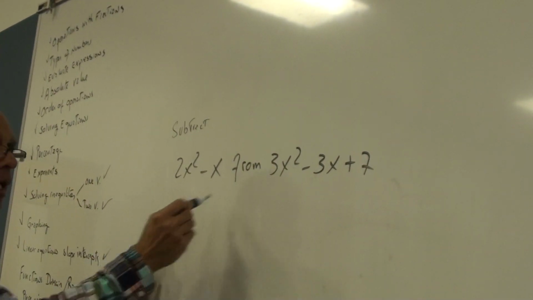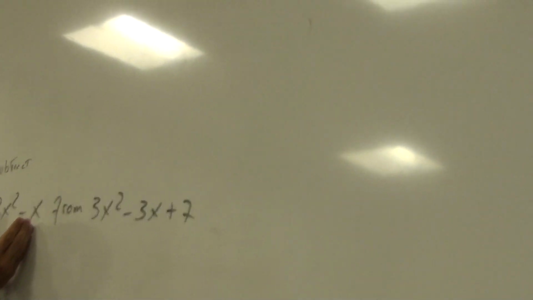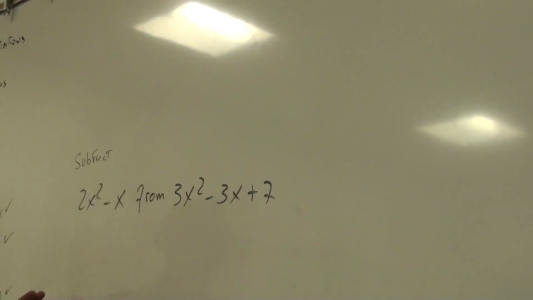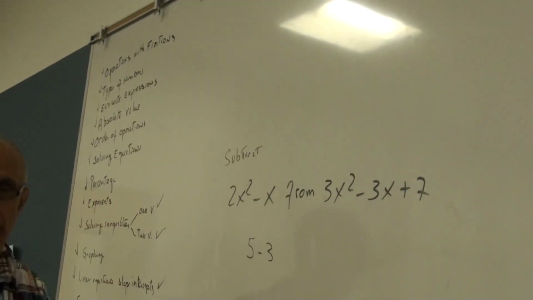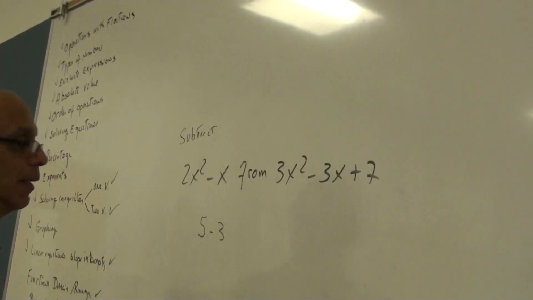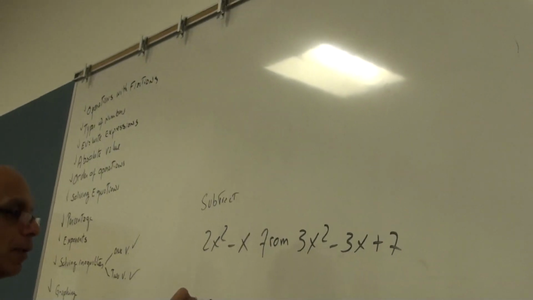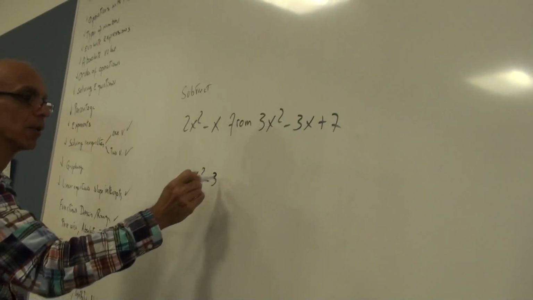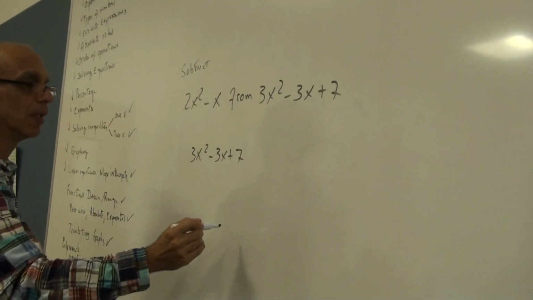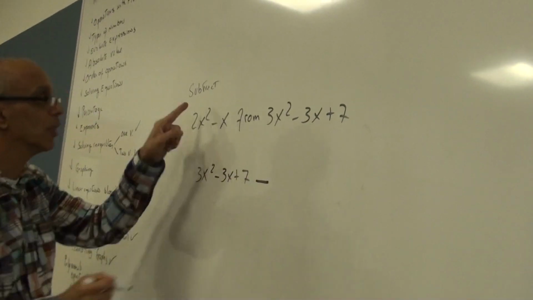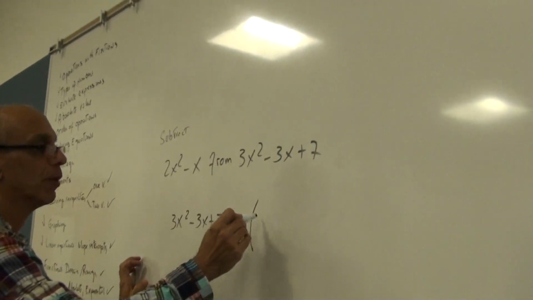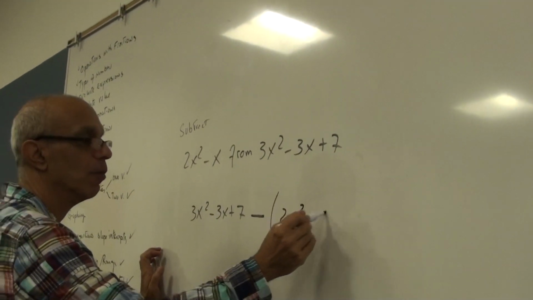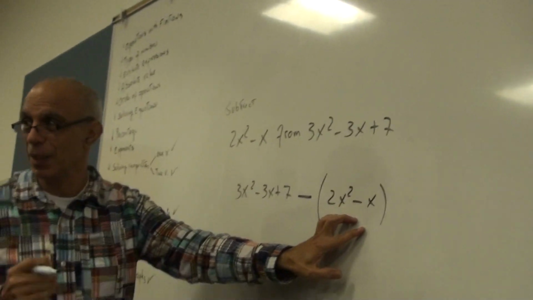So, it's like subtracting 3 from 5. How would you set that up? You would write 5 minus 3, right? So you're going to write 3x squared minus 3x plus 7, and minus, because I'm asking you to subtract this quantity here, and you have to put that in parentheses, okay? Remember, this is an expression.